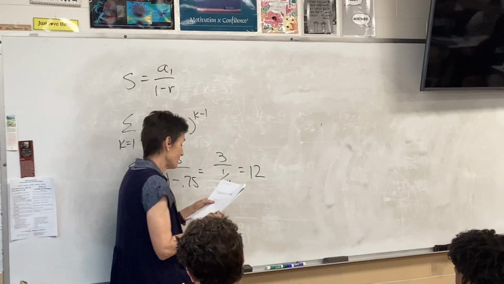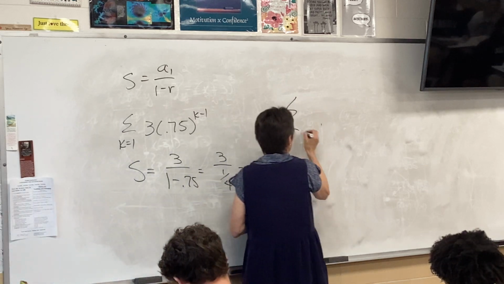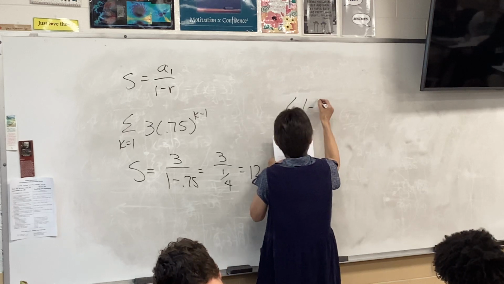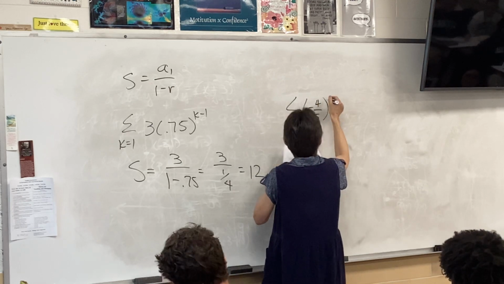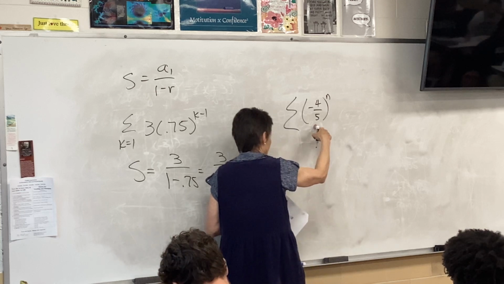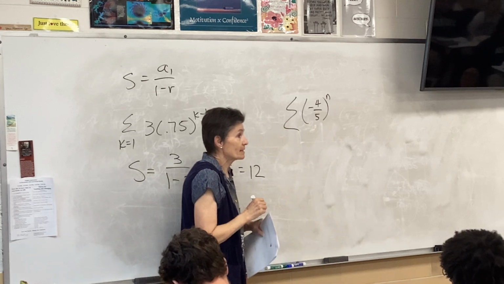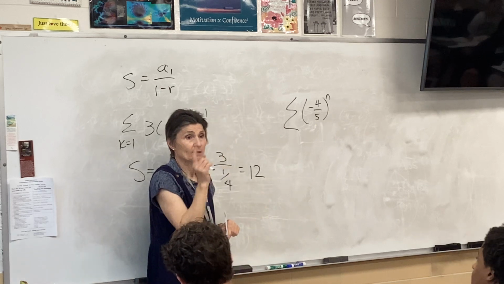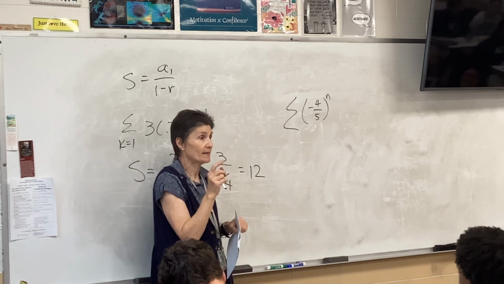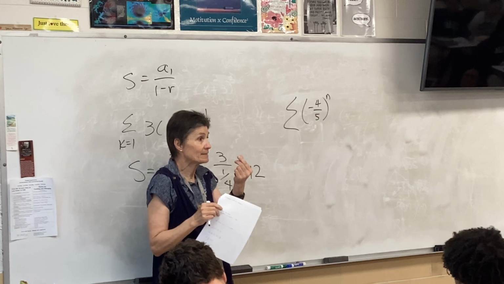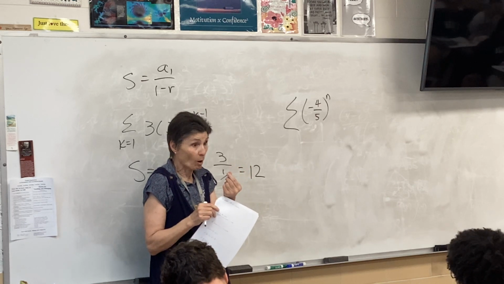All right, what about B? What's your ratio? -4/5. We can add it, because even though -4/5 goes positive and negative and positive and negative, each term, magnitude-wise, gets smaller.